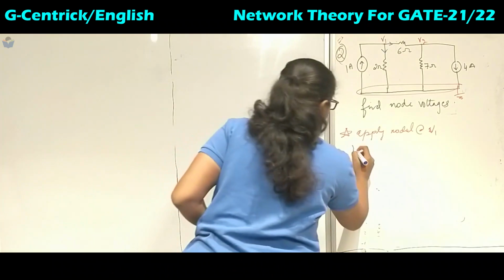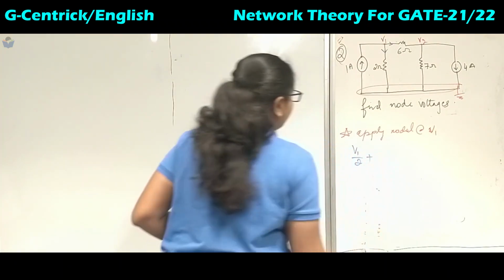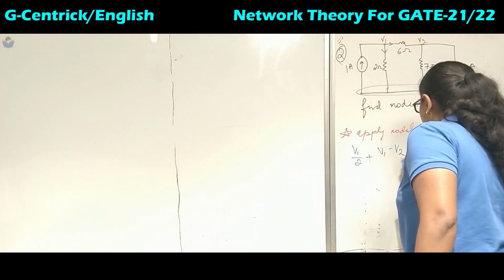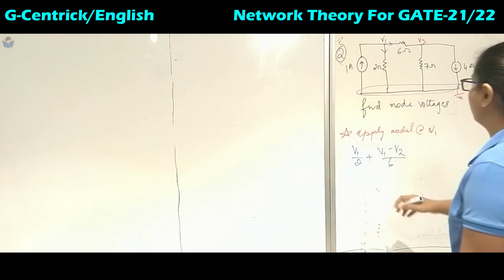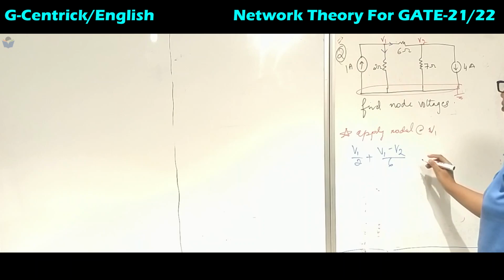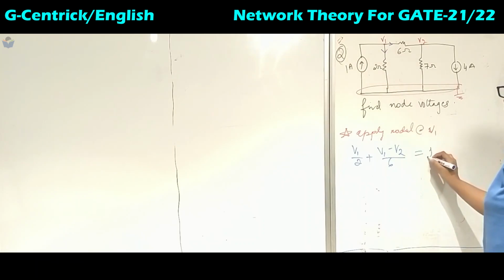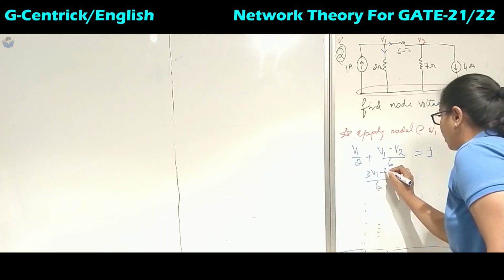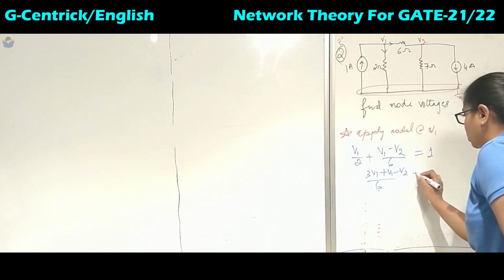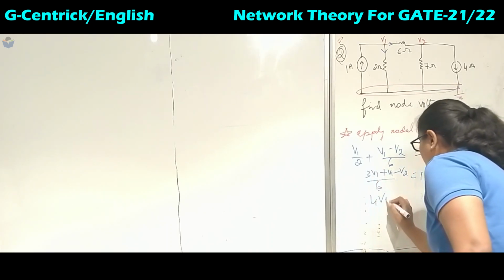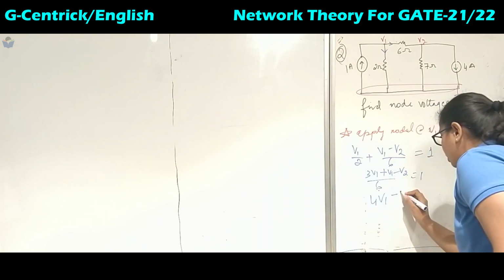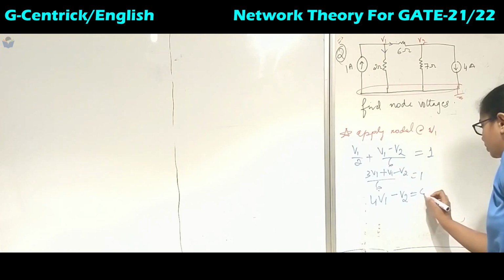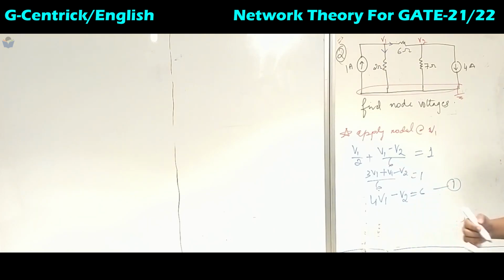So (V1 minus 0) by 2 plus (V1 minus V2) upon 6. These two are the outgoing currents, and this is equal to 1. LCM is 6, so it is 3V1 plus V1 minus V2 equal to 1, and we will get (4V1 minus V2) upon 6. So this is equation number 1.